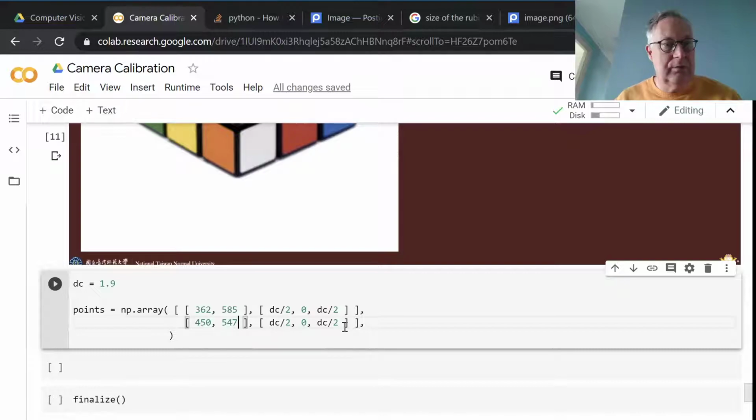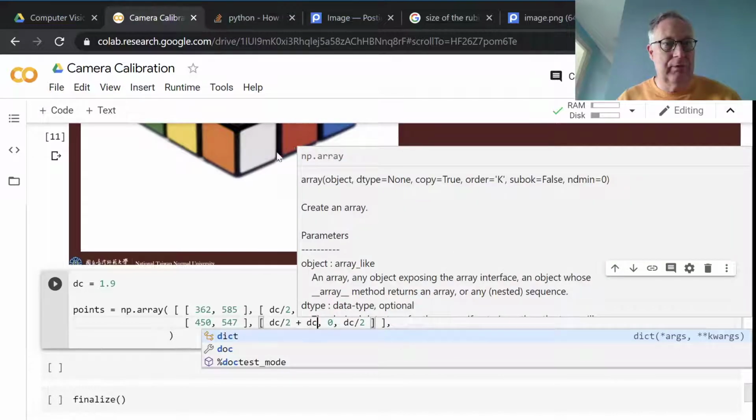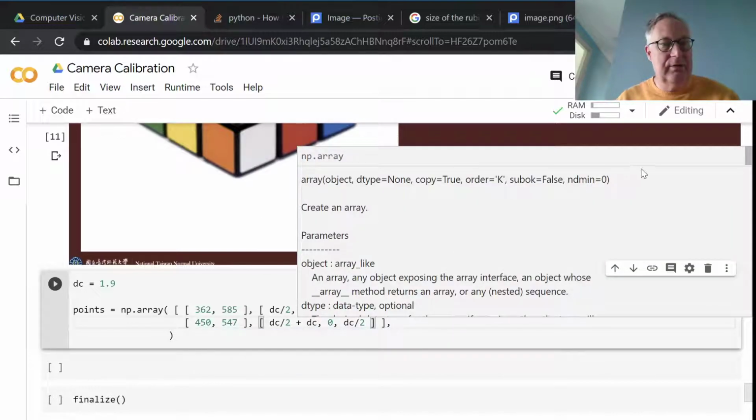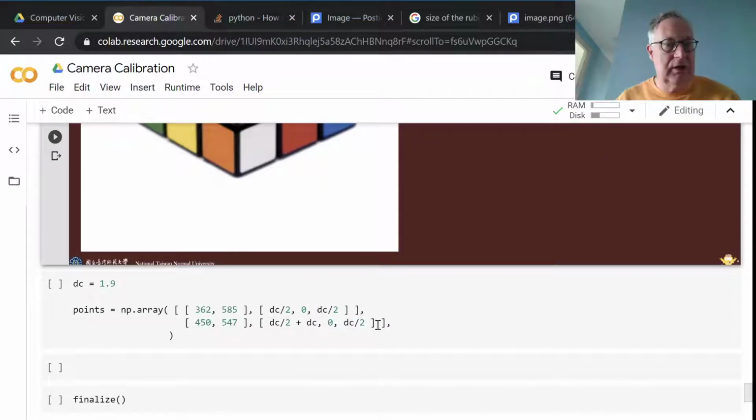And the coordinate would be, x coordinate would be 1 dc more, right? Because we're moving one step in this direction. Z and y are not changed.